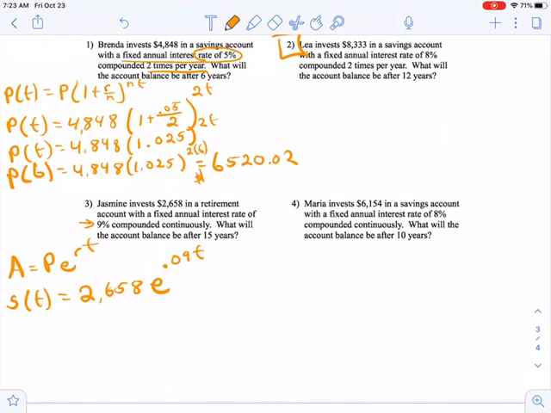If I'm compounding continuously, all I need to know is the years, which they've provided for me. So now I'm figuring out S of 15: 2,658 times E to the 0.09 times 15. And I'm going to plug that into my calculator.